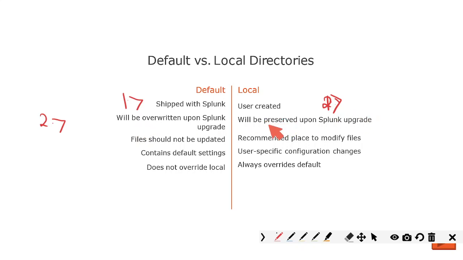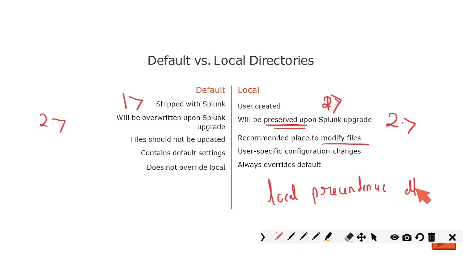Okay, but all the configuration under the local directory will be preserved. At the same time, we should never update any kind of files under the default directory. Just remember that. We should always modify our files under the local directory. Okay. And the local will always take precedence over default. Okay. Just remember that.